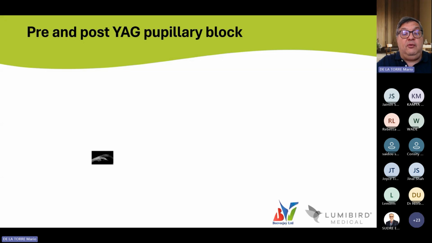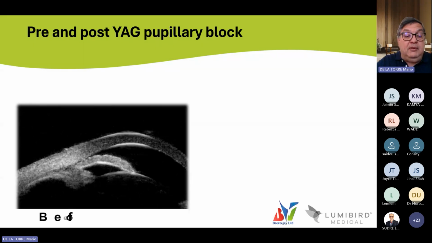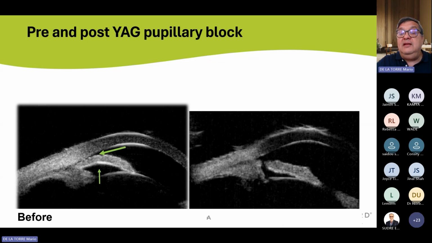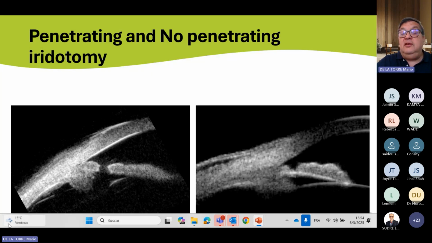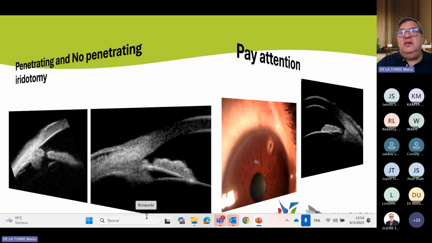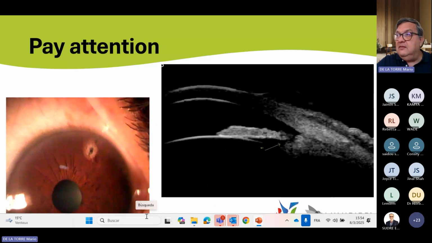For laser follow-up, you can see what happened: before the laser you have this view, and in the same patient, the same eye, you can see the opening of the angle because there is now communication. Also, penetrating and non-penetrating procedures can be seen with the slit. But sometimes you see this and say, oh, the doctor who did it is not skilled.